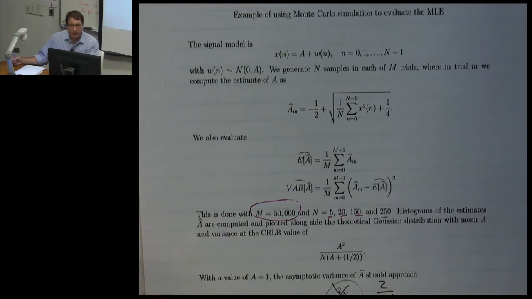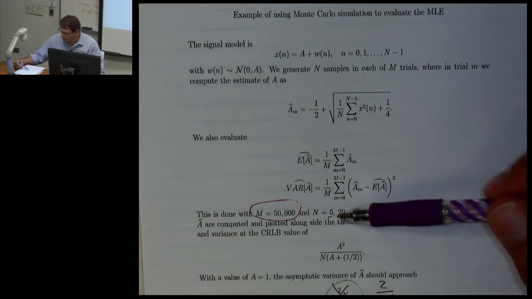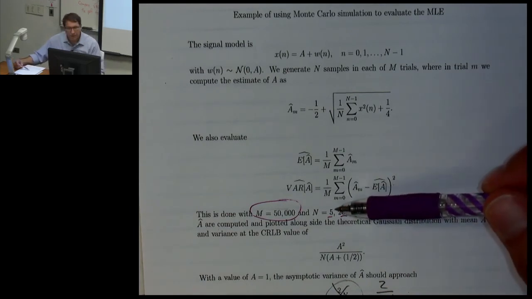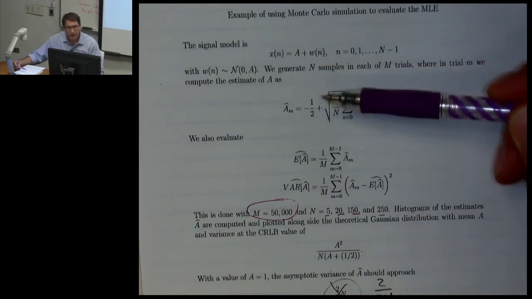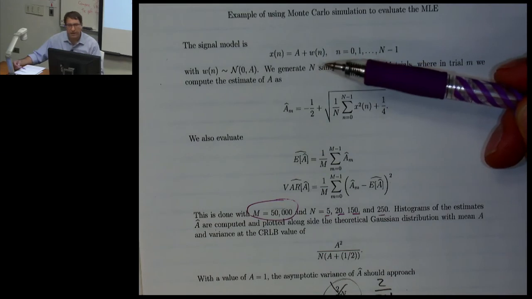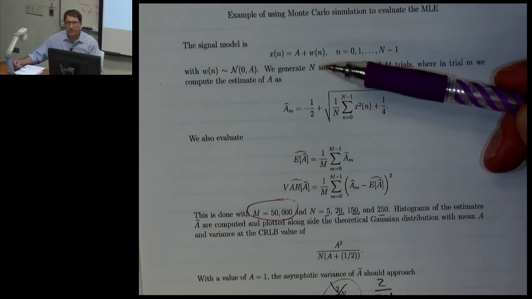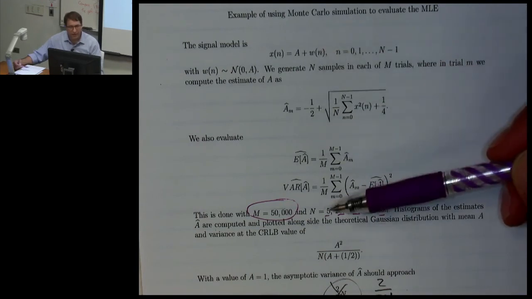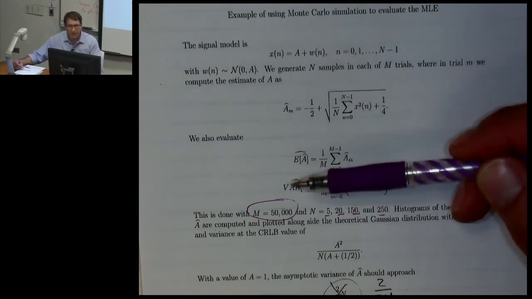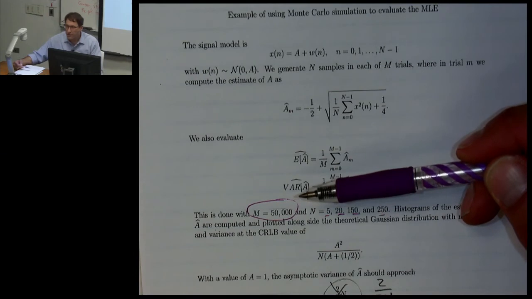All right, so I will take 5. So the idea is we take 5 values of x of n, right? x0, x1, x2, x3, x4. Do that once, then generate another 5 values again, then another 5 values again, and do that 50,000 times in total.